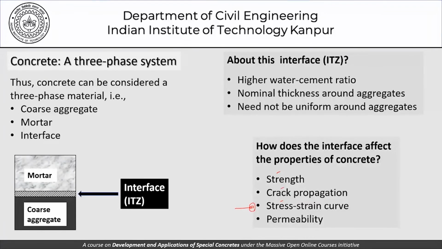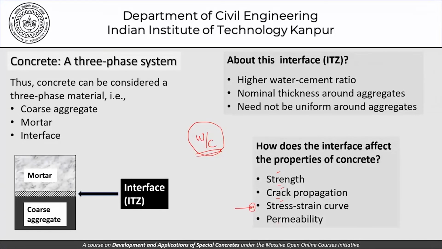The strength and crack propagation is what we've discussed. Permeability we just discussed is governed not so much by the aggregates, but by the permeability of the mortar and the ITZ. In fact, this discussion that the mortar governs certain properties, the ITZ governs certain properties, is at the backbone of our understanding that the water-cement ratio is a very important parameter that governs the properties of concrete.